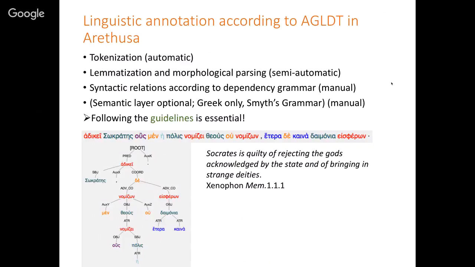Then there is a semantic layer option, also manually. But following the guidelines is very important so that we can actually trust that we can use the annotated data, so that it's comparable.